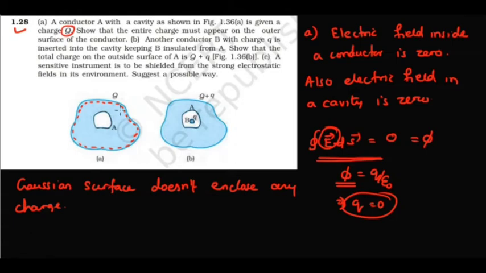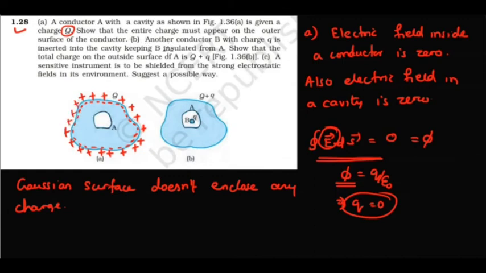It means whatever charge is given to the conductor lies outside the Gaussian surface, and outside the Gaussian surface means what? On the outer surface of the conductor. So if we supply a charge capital Q, the charge will definitely lie on the outer surface of the conductor. Is that clear? So in this way you can prove the first bit.